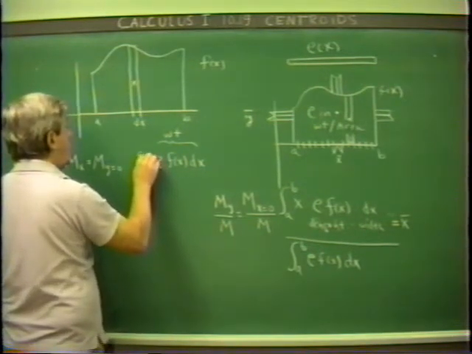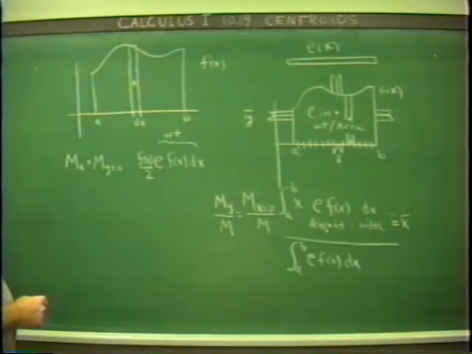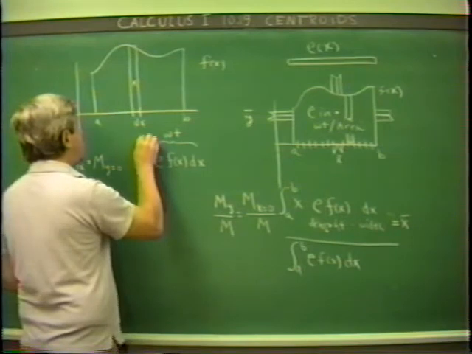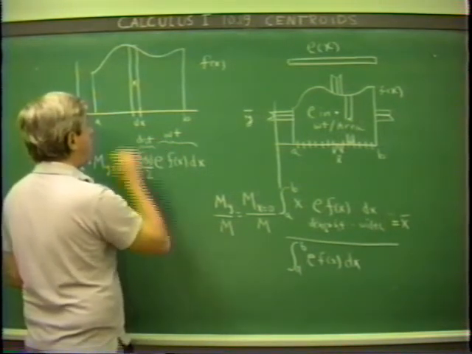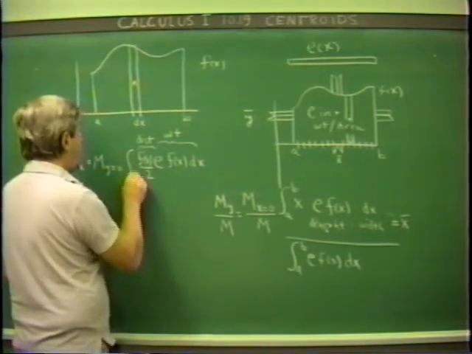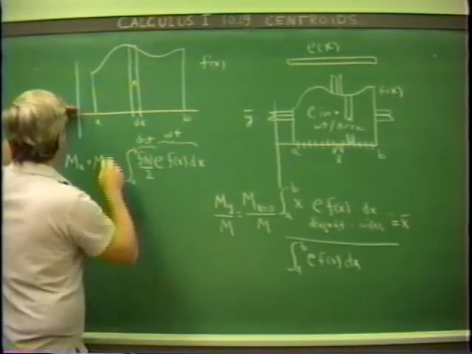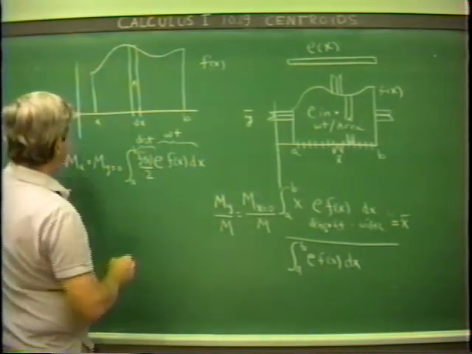The distance to the x-axis is going to be f of x over 2. And so this is the moment. Distance times weight is the moment.